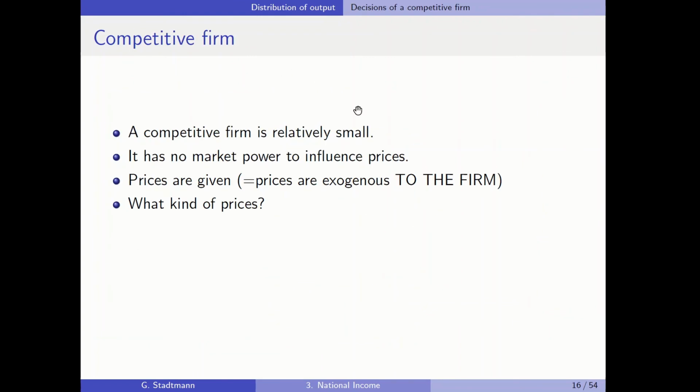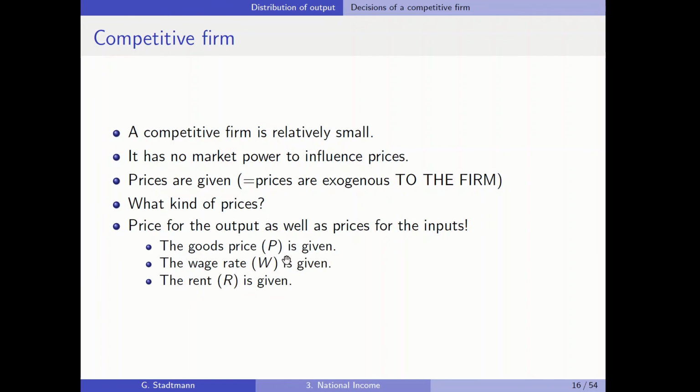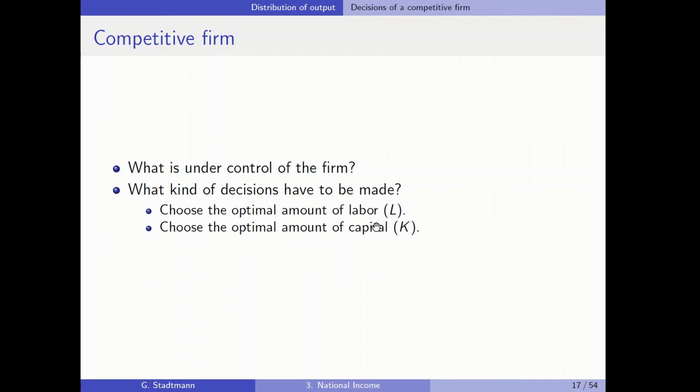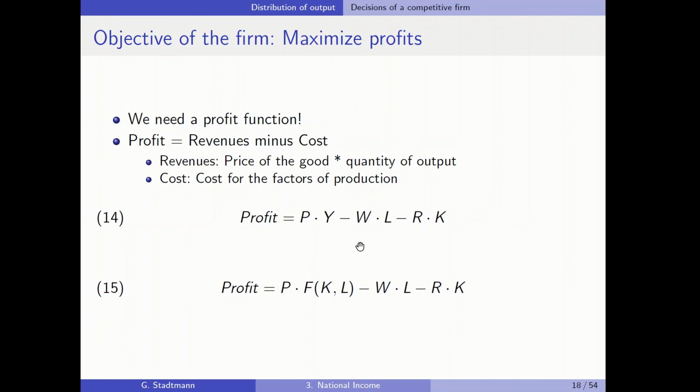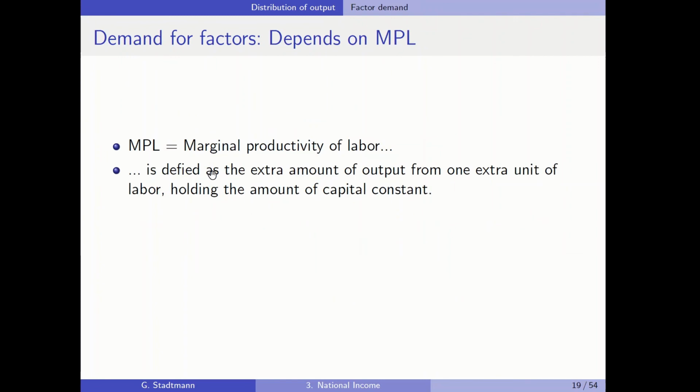Afterwards, we zoomed into the firm, and we learned that the prices are constant from the perspective of a firm. The goods price is given and the two factor prices are also given, and the manager of the firm has to make a decision with respect to the right amount of labor and the right amount of capital. In order to make these kinds of decisions, we have to think about the marginal productivity of labor, so we introduced this term MPL.